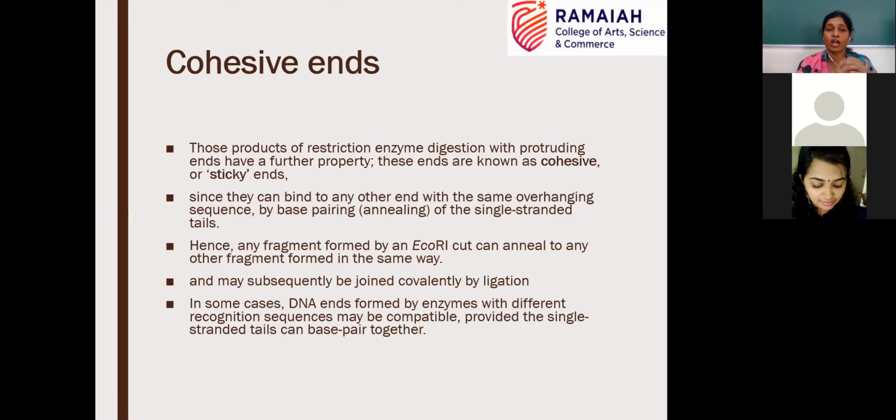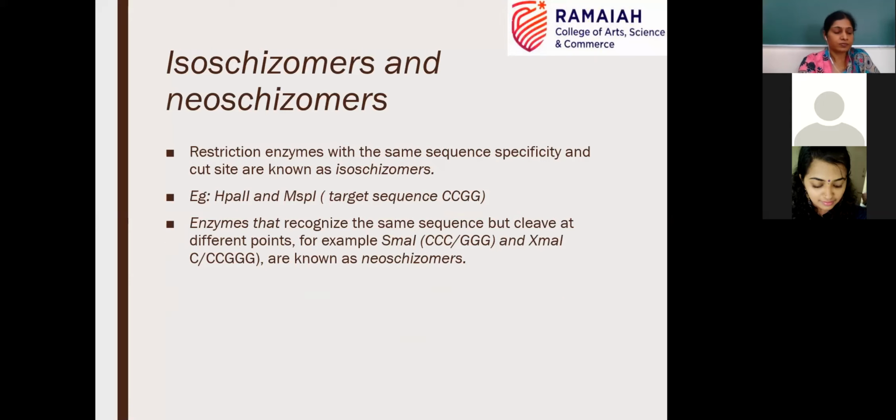The compatible ends could have been produced by the same enzyme or by a different enzyme, but if they are able to bind to each other, they can anneal and then be covalently joined by the action of DNA ligase. That's what is meant by cohesive ends of restriction enzymes that produce either 5' or 3' overhanging ends.